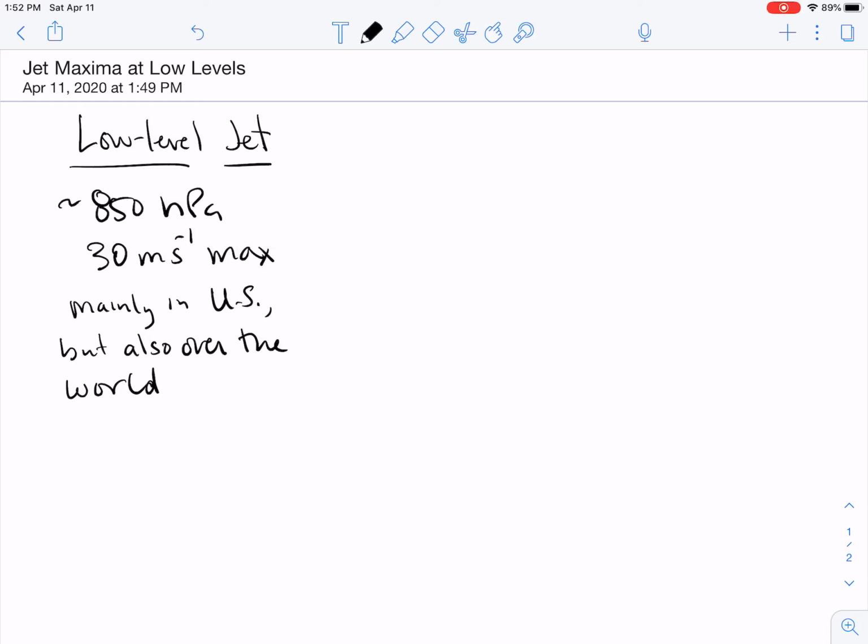There is another jet that occurs in the lower levels that is really due to the nocturnal boundary layer wind maximum. This one we're going to call the nocturnal jet.